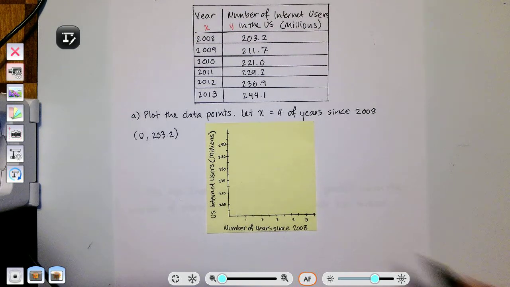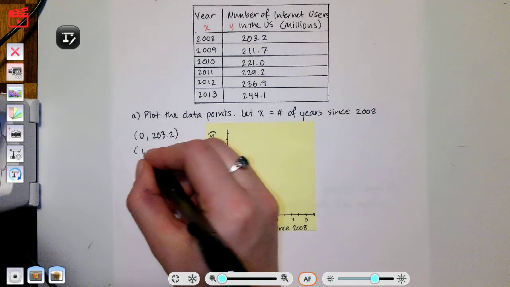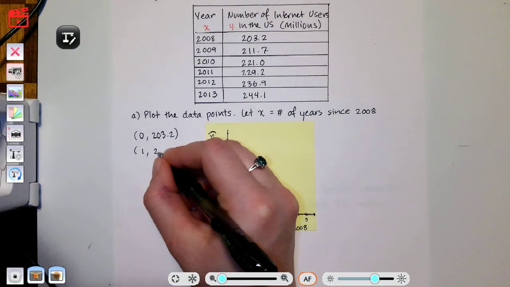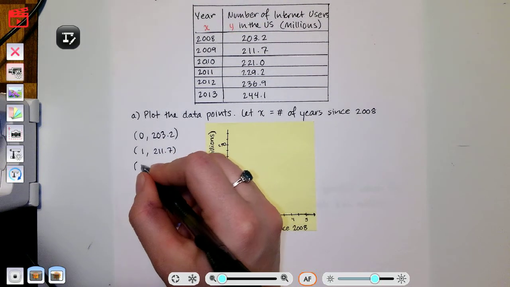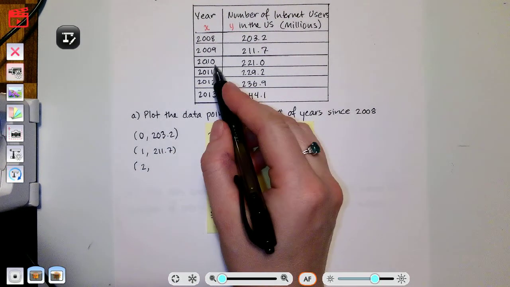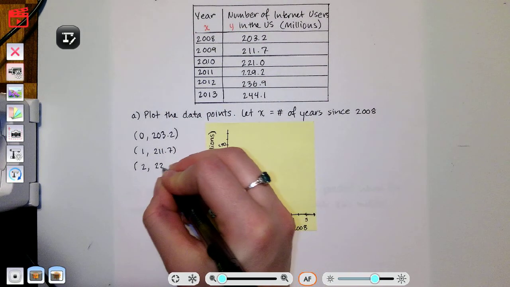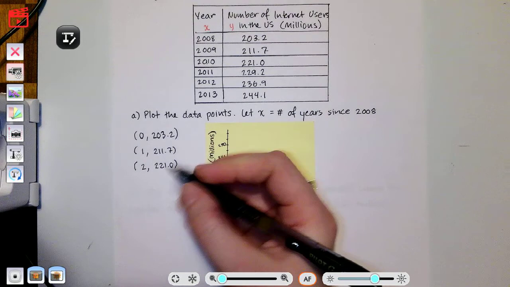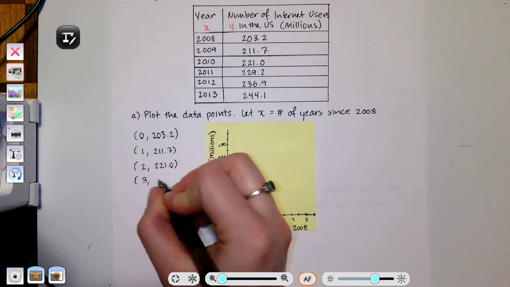All right, so let's take a look. 2009 is 1 year since 2008. 2010 is 2 years. The matching value for 2010 is 221.0. You don't need to write the 0.0, but I'm going to go ahead and do that. 2011 is 3 years.